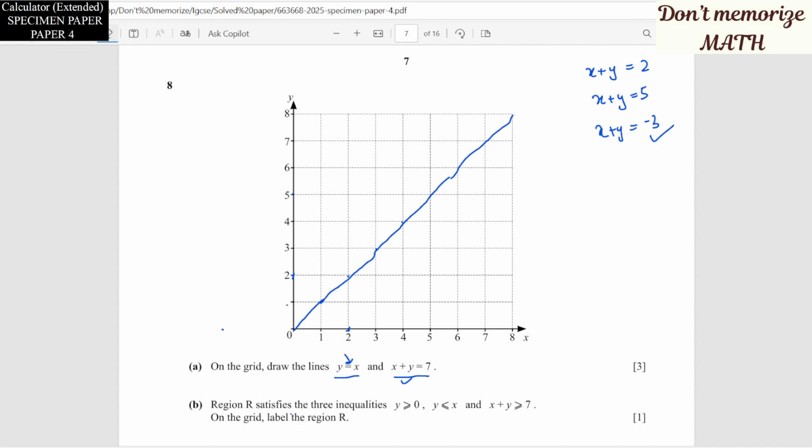So in this question we have x plus y is equal to 7. So what we have to do, we will just join 7, sorry, not 2, we have x plus y is equal to 7. So we'll just join this 7 and this 7. So no need of anything else, just join 7 and 7. Use your ruler and the pencil.